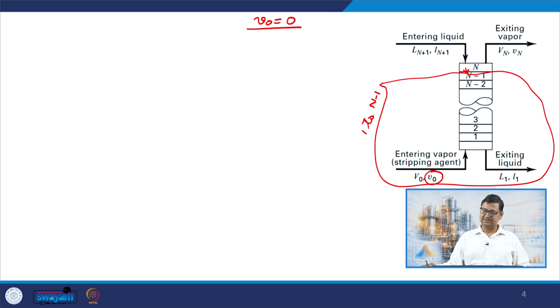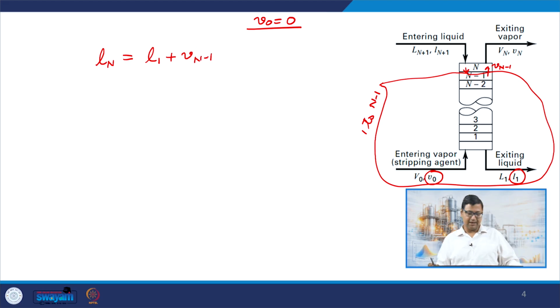Whatever is leaving stage n enters the n minus 1th stage, so we have Ln coming in, and that should be equal to what is going out. What is going out? There is exiting liquid L1 leaving the first stage, now at the bottom, and there is a vapor leaving the n minus 1th stage, so L1 plus V n minus 1. Now again we apply the condition of equilibrium.